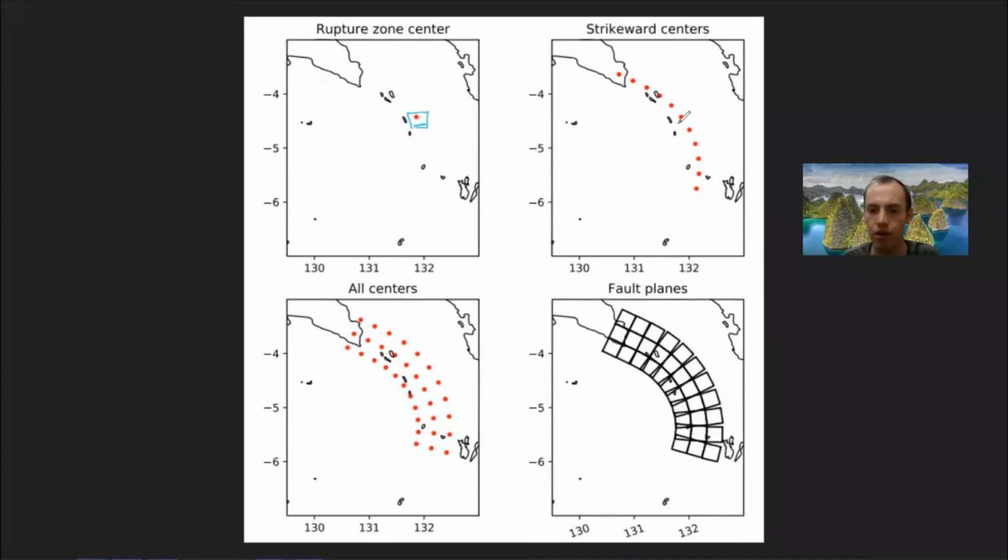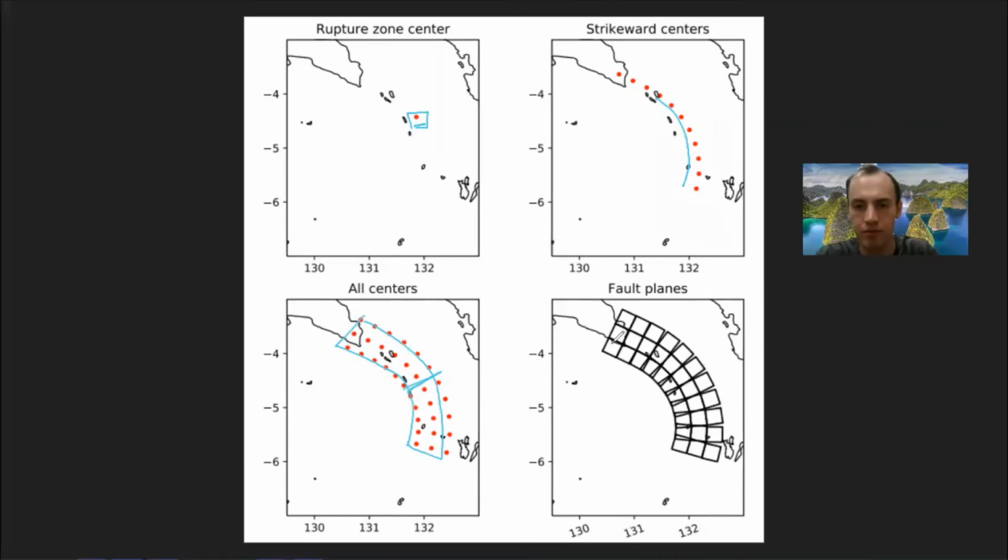Then we lay down points along the length of the rupture zone that we want to model, and also along the width. This way we get a bent rectangle that follows the curvature and geometry of that fault. And with that, we get a bunch of little rectangles that, when put together, sum up that rupture zone.